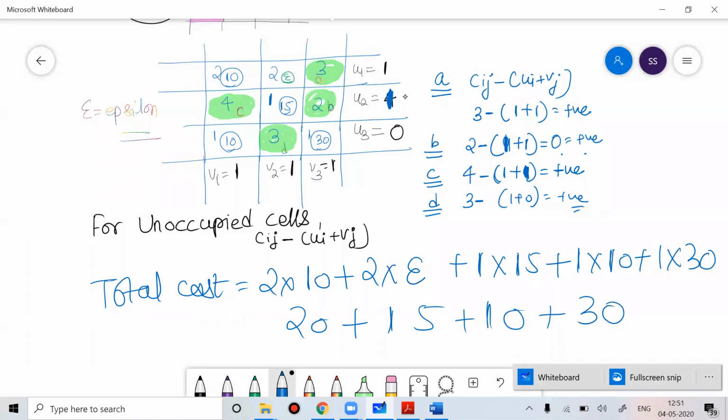The sum is 50, 60, 75 rupees. This is your optimal cost. Before, the cost you got was 125 rupees. That was not optimal, so you did the test of optimality using the UV method, and ultimately you got the optimal solution.